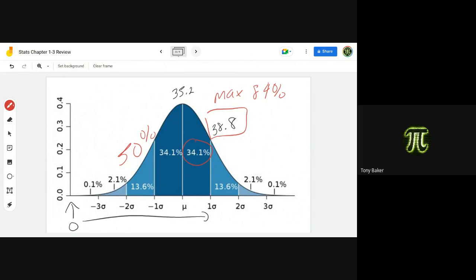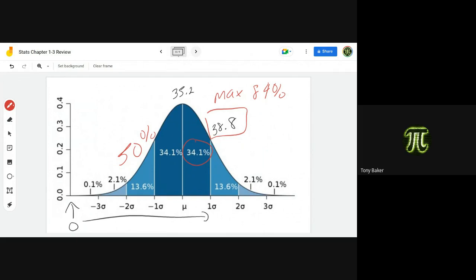And then I'm adding another 34% to that. So the 50% that's on the left side of the mean would be representative of the 3 standard deviations below the mean? Well, technically the infinite standard deviation, but yes, that's right. It's everything from 0 up to 35.2. It's 50% of all millionaires.